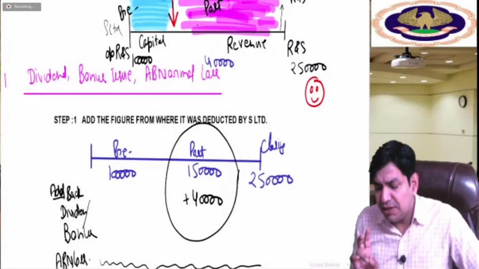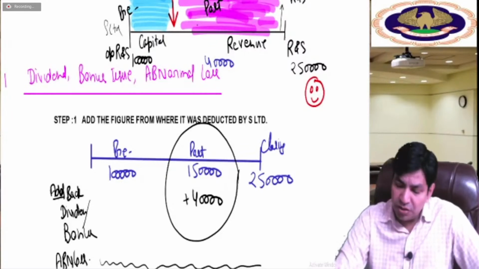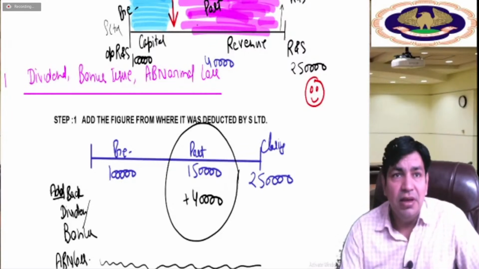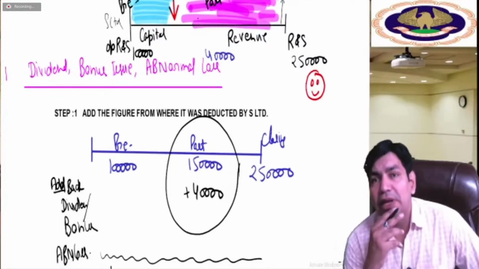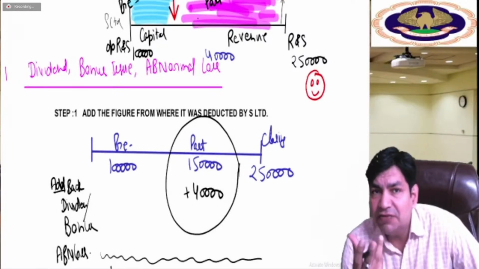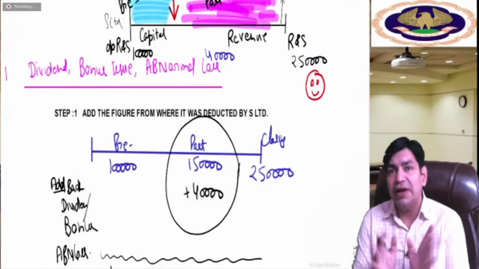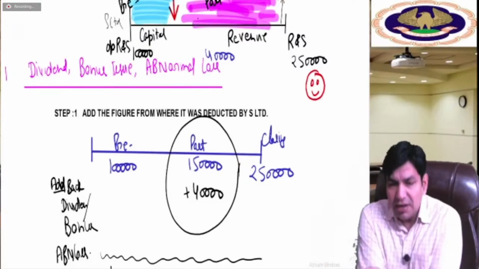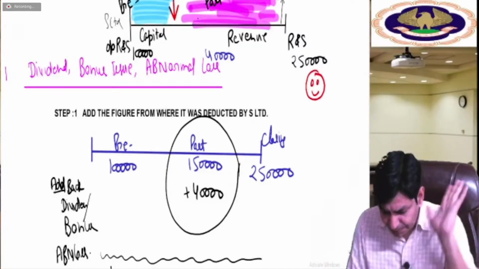So if any such effects are there, the holding company will unaffect them. This is step number one. Add the figure back to where it was deducted, but for abnormal gain, less the figure in which it was added. So step one is for unaffecting the things from the P&L and the reserves and surplus of the subsidiary company.